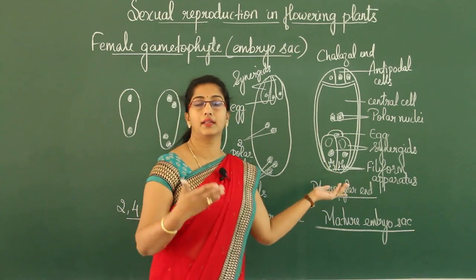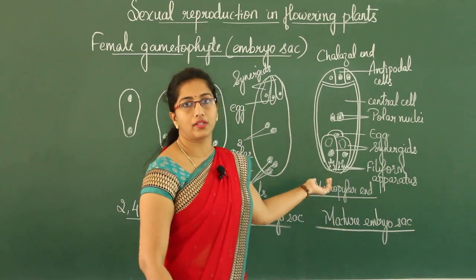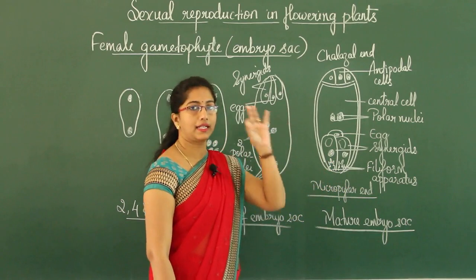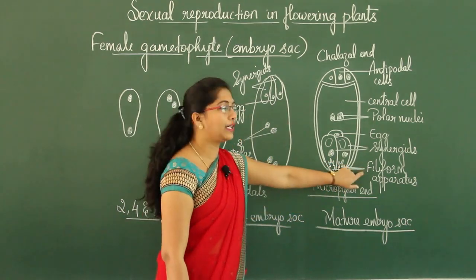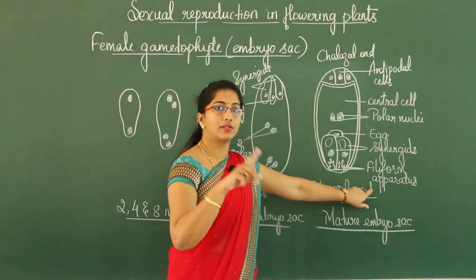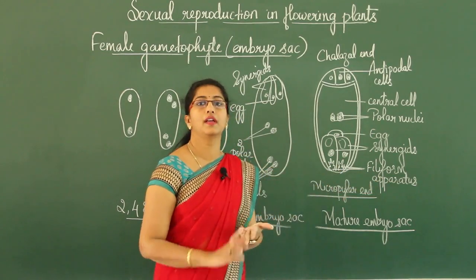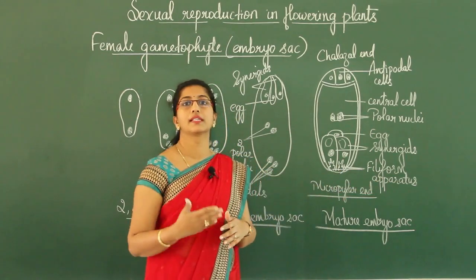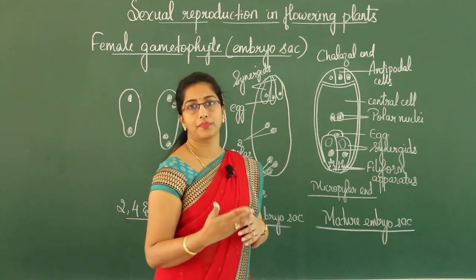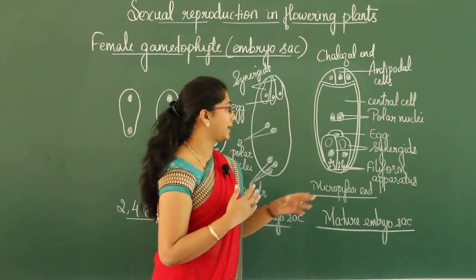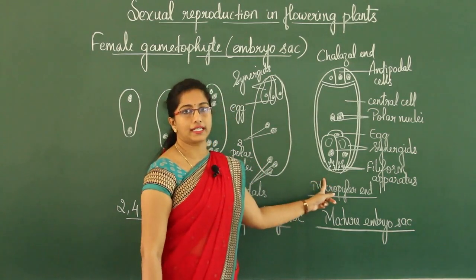So it is guiding the pollen tube to enter into the female gametophyte. That is the main function of the filiform apparatus. That can also be asked as a 1-mark question, the importance or function of the filiform apparatus. So the function is to guide the pollen tube to enter into the female gametophyte during fertilization.